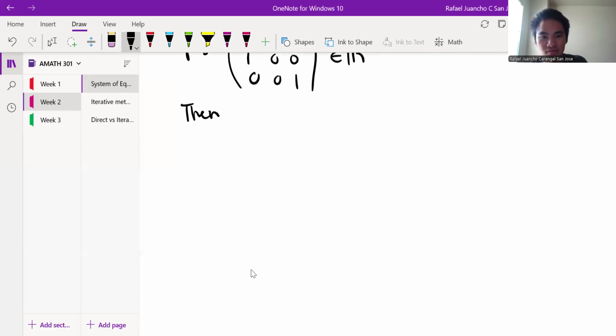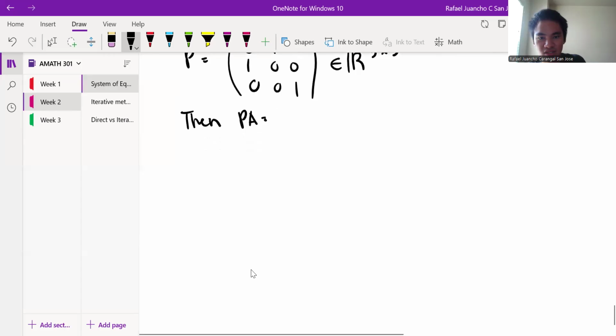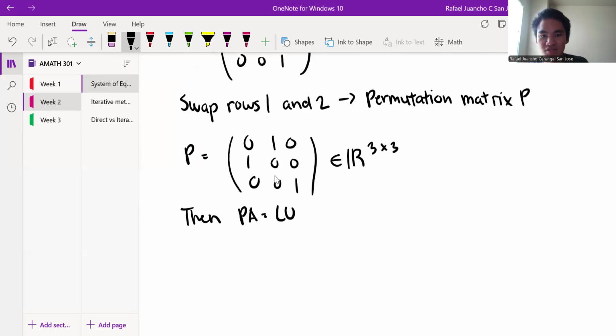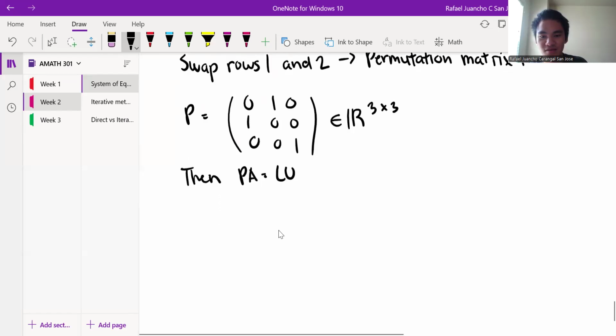Then we say PA is actually just equal to the LU decomposition. So if we multiply this matrix with our A matrix, it's actually just our lower and upper. So LUX is equal to PB.